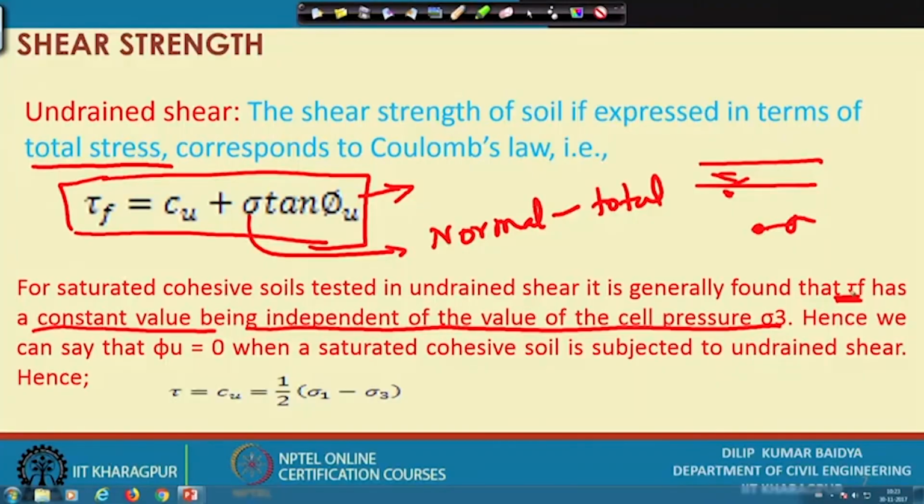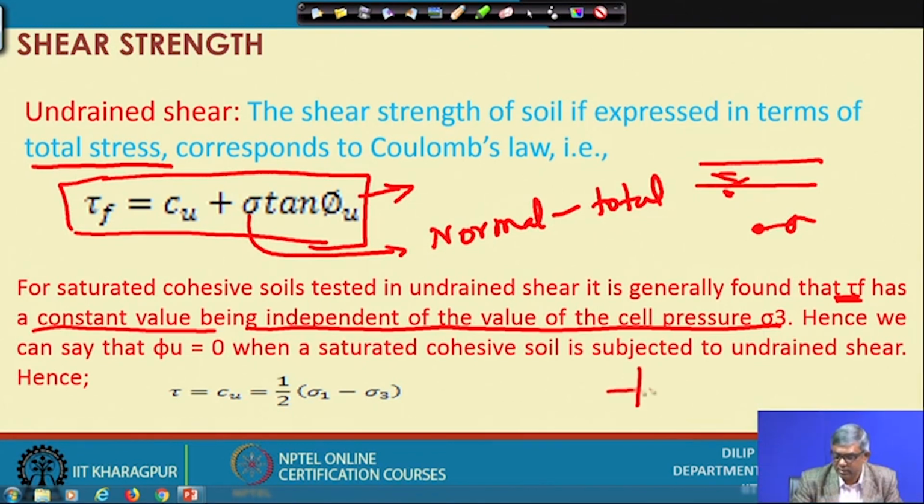So, if tau f becomes constant, that means the failure envelope has to be horizontal, like this, then all circles will be below this line. If this is the axis, the circles will be below this axis.